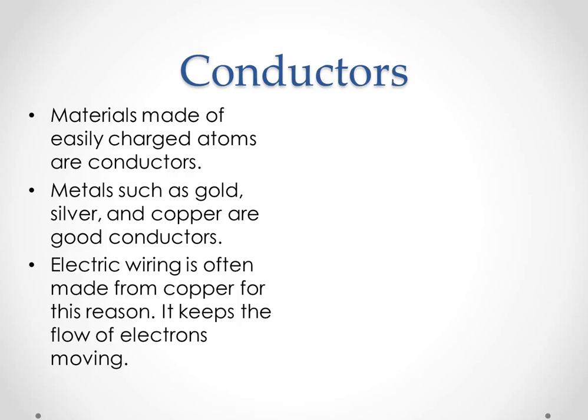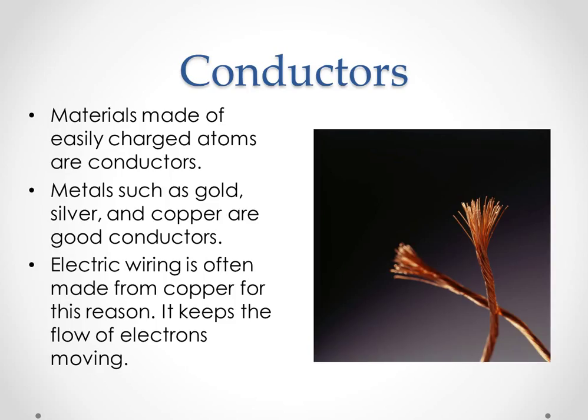Electric wiring that helps move electrons from one place to another is often made from copper for this reason, because copper helps that electric current move from one place to another because it is made of easily charged atoms. So conductors help move electricity from one place to another.